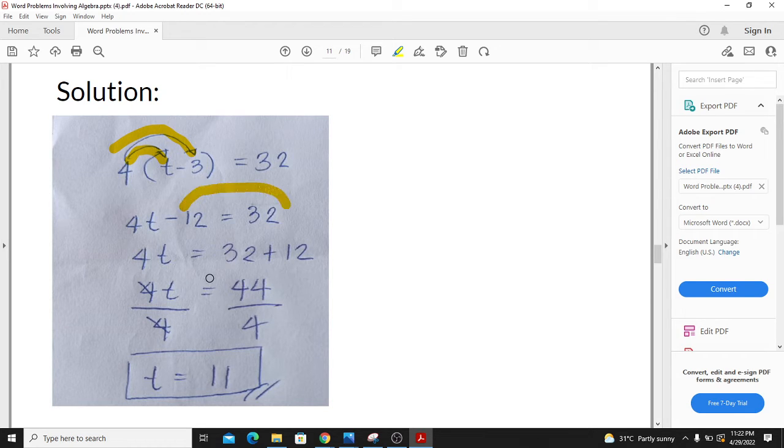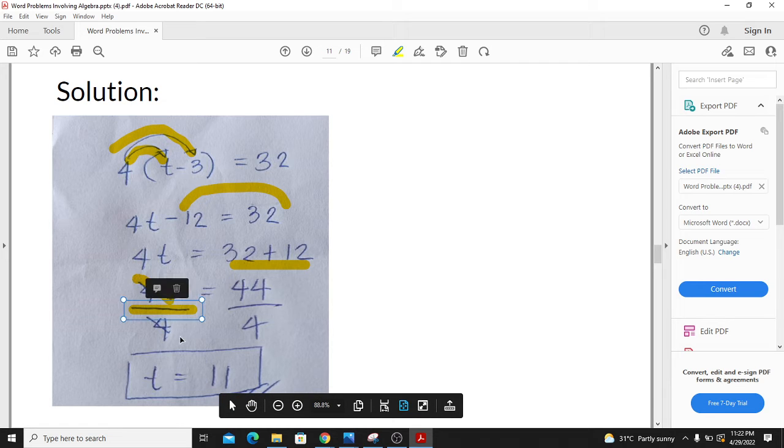We transpose negative 12 to the other side. That makes it 4t is equal to 32 plus 12, so 4t is equal to 44. So divide both sides by 4. Cancel this out. That makes it t is equal to 44 divided by 4, which is 11.